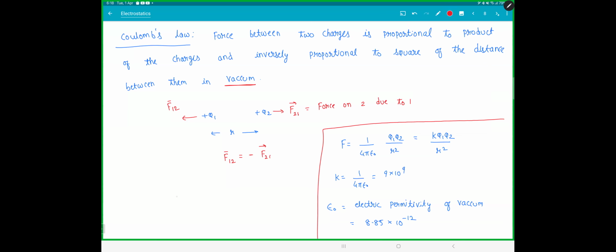And remember, whatever we derived here, these formulas are valid only for point charges. If the body has a certain size and shape, you can't use these formulas. There, one simple formula I gave. If there are two charges, the force between them is K, Q1, Q2 by R squared. That's it. That is the one thing we're going to play with today.